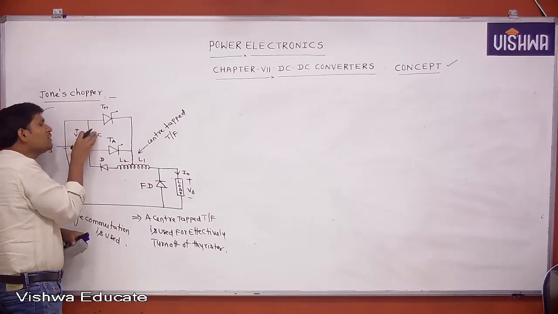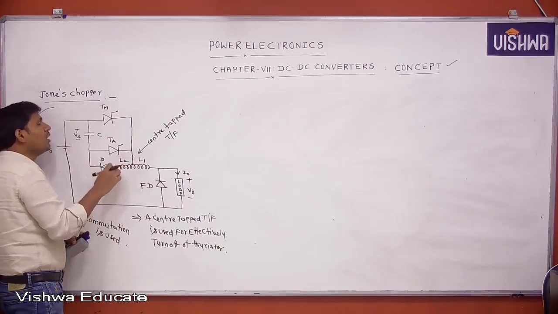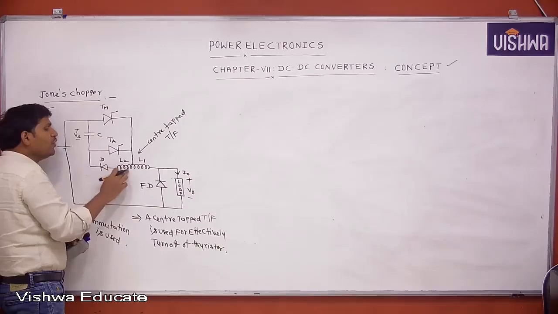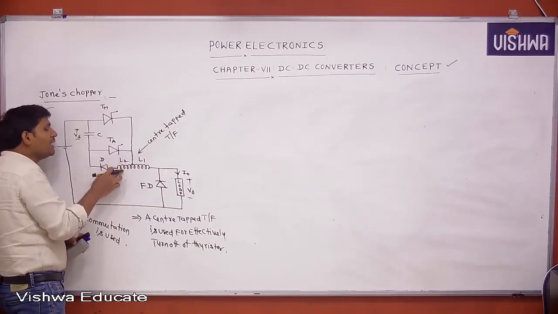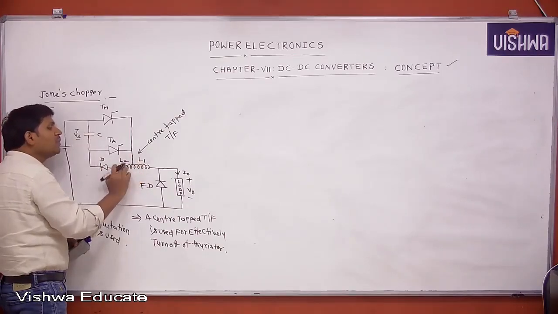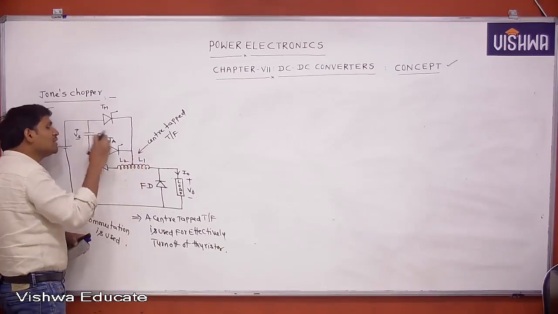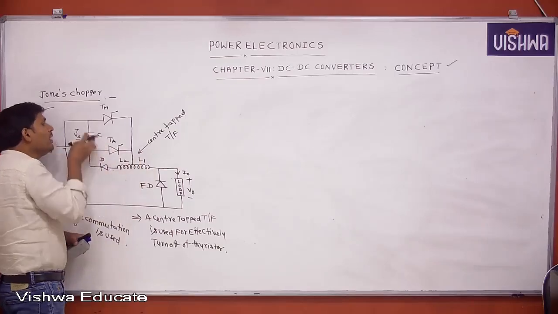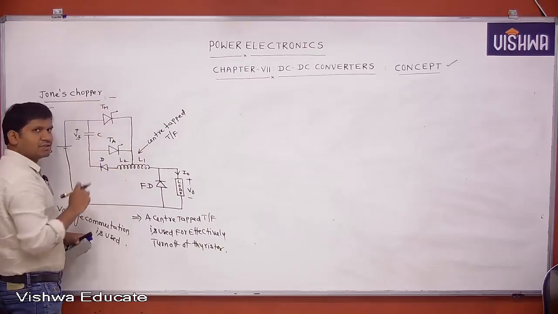The idea behind developing the Jones chopper is that with a center tapped arrangement, the energy transferred to the capacitor is not only due to self inductance but also due to mutual inductance. More energy is stored by the capacitor, and that energy is sufficient to effectively turn off the main thyristor.